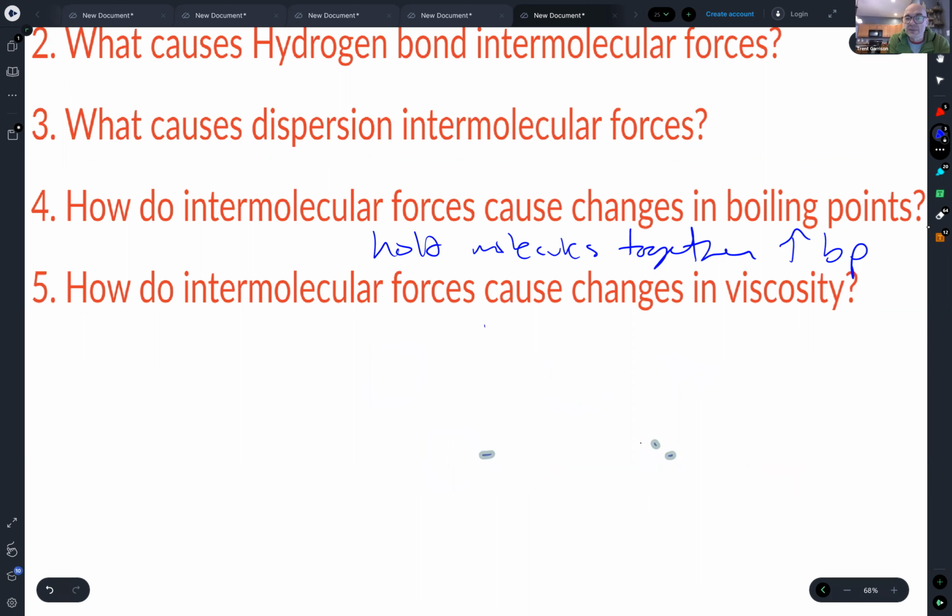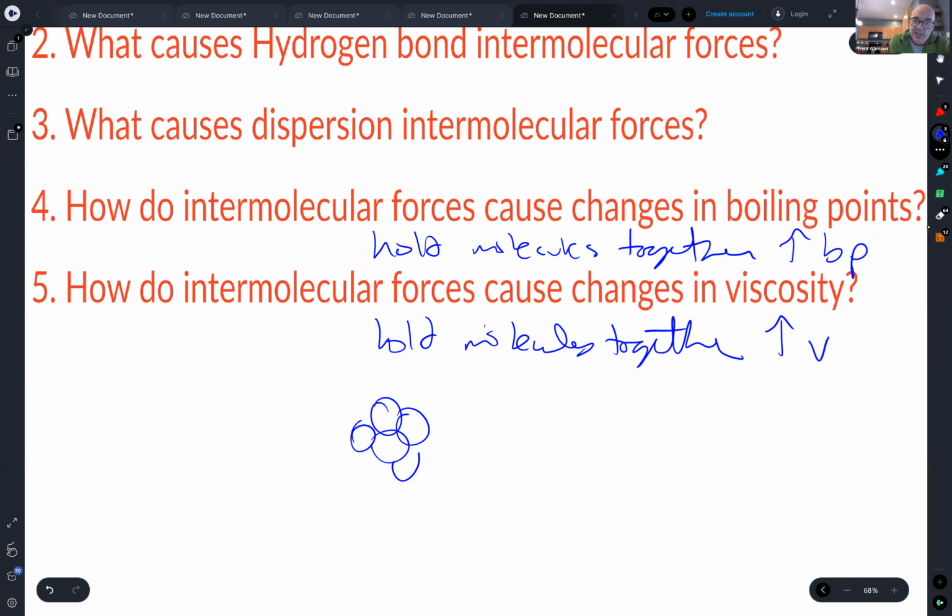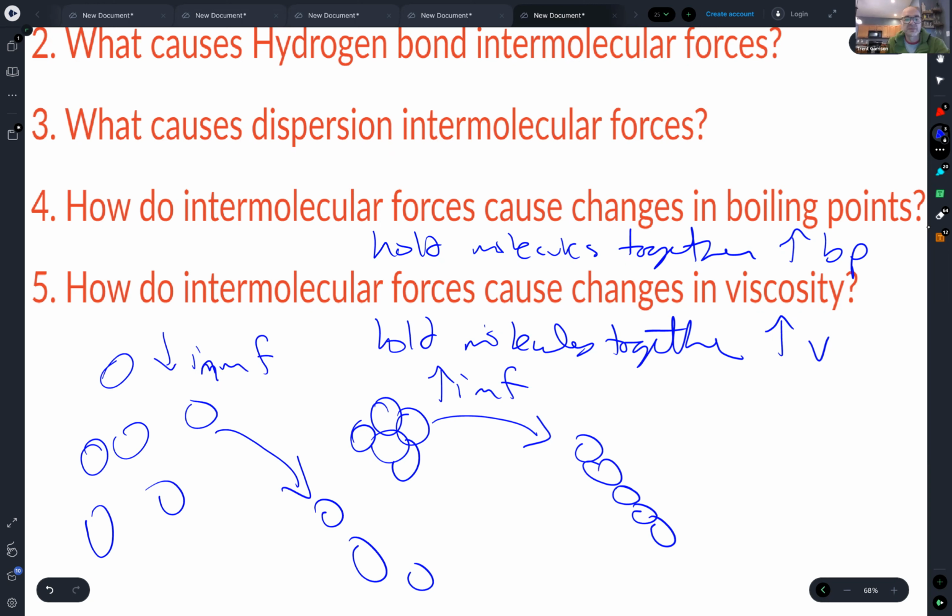So if I have particles that stick together, they do not want to become a thin line that pours out. If you have a bunch of molecules that are far apart, well, it's easier for you to pour them out. So this one has higher intermolecular forces. This one has low intermolecular forces. IMF, not IN, IMF.